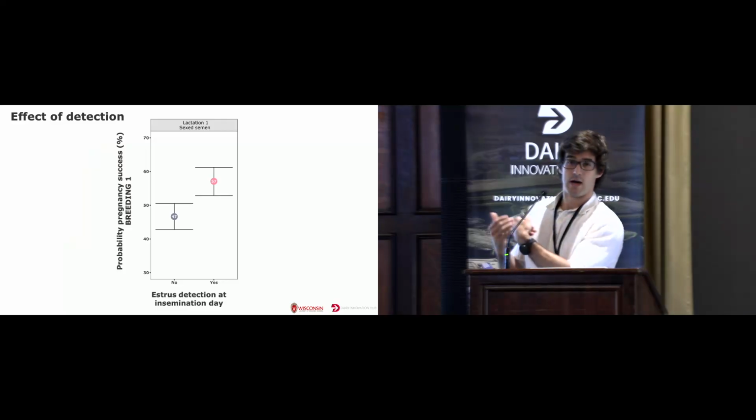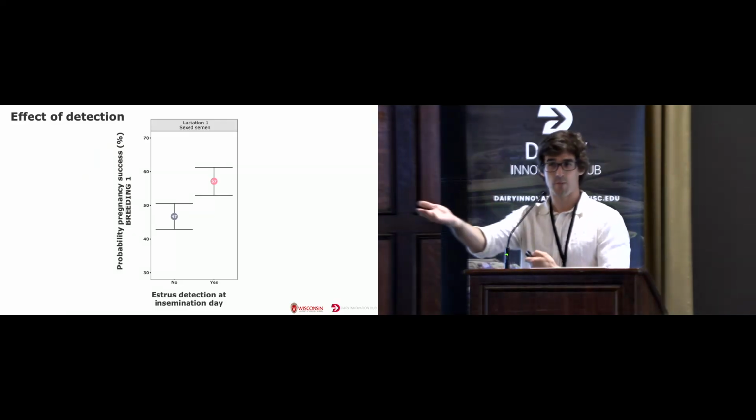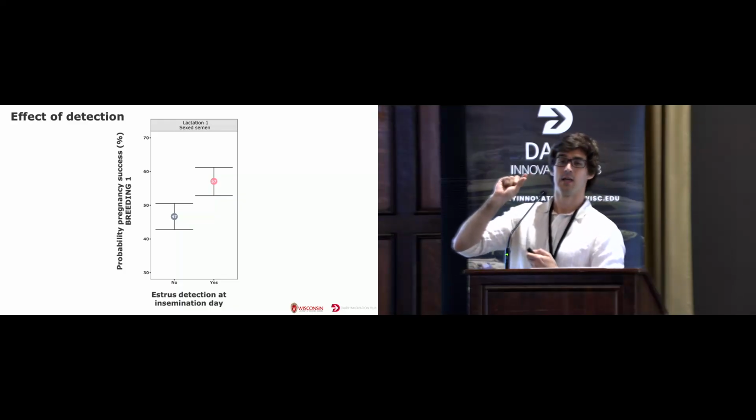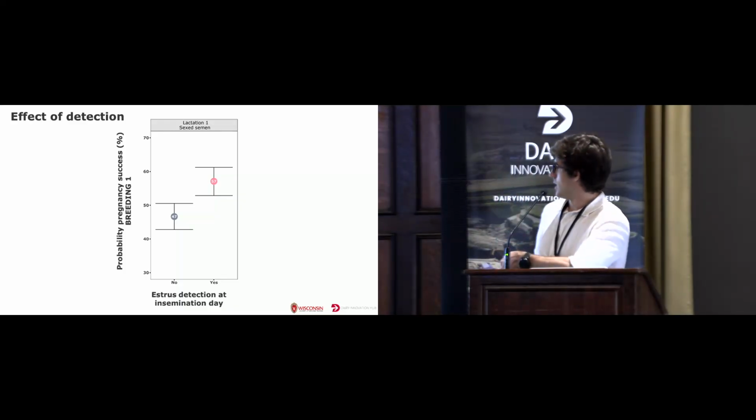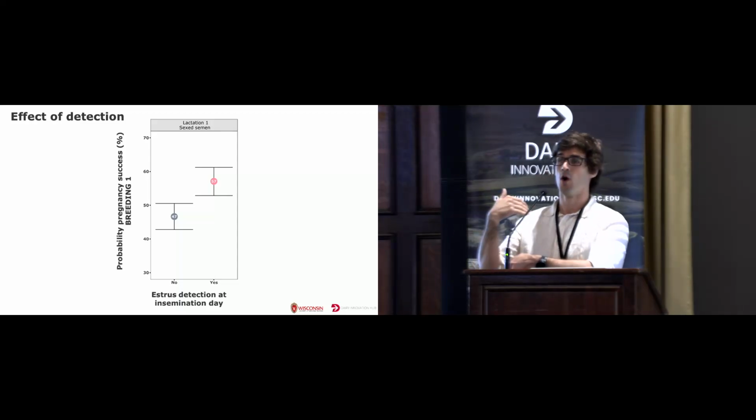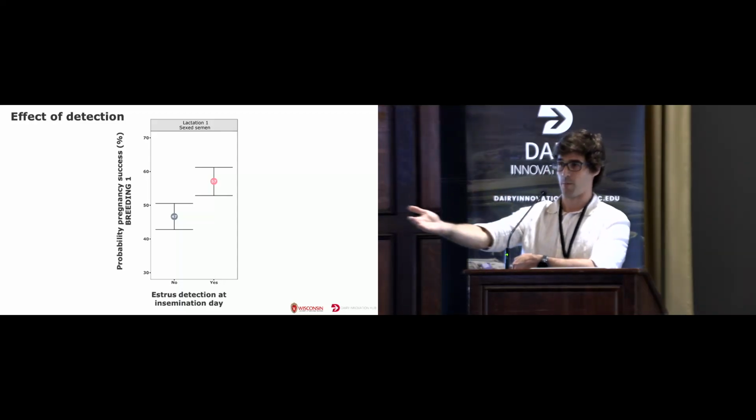We do a logistic regression, we fit the model, and then we evaluate the association between the expression of estrus, no or yes, at the insemination time, and the likelihood of pregnancy success.